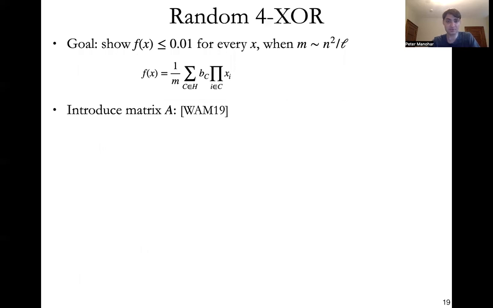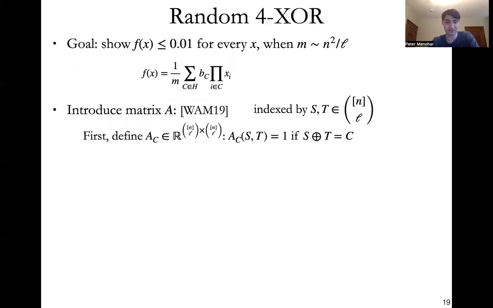Well, what we do is we introduce this matrix A. It's going to be indexed by subsets S and T of size l. And we first define A_C to be a matrix where the (S,T)-th entry is 1 if the symmetric difference of S and T is equal to C. And then we just set A to be the sum over the constraints of b_C times A_C. And let me interpret the symmetric difference condition a little bit.